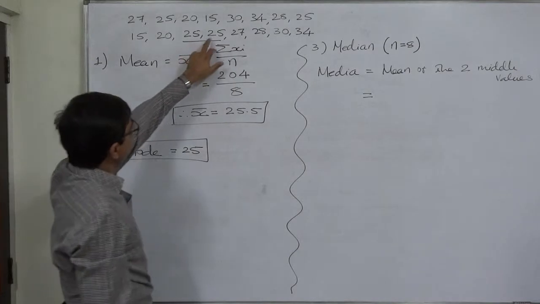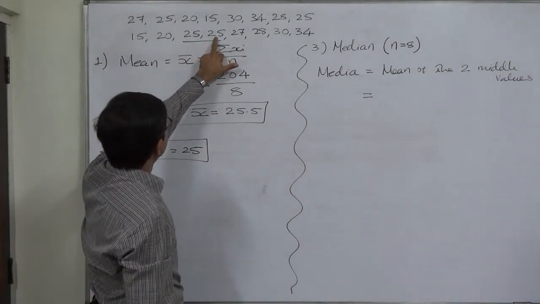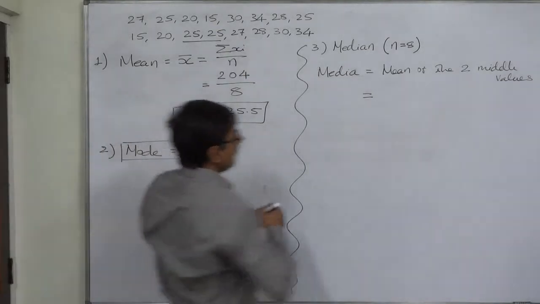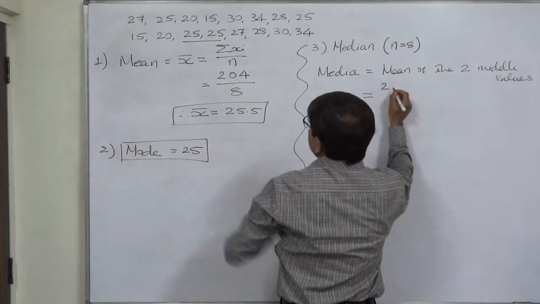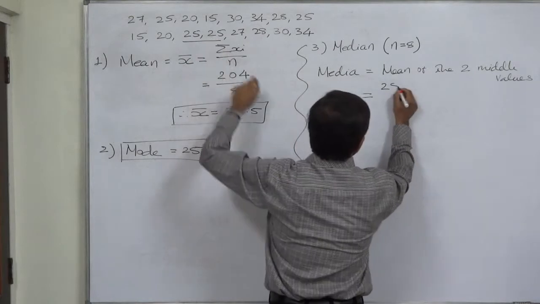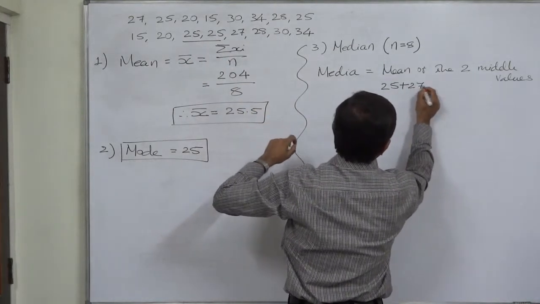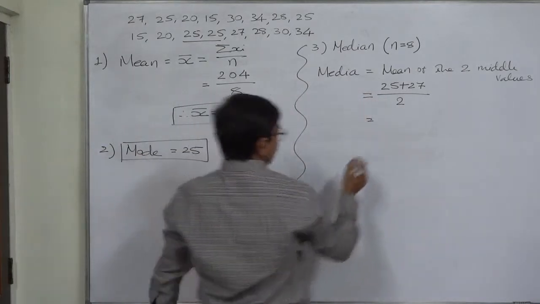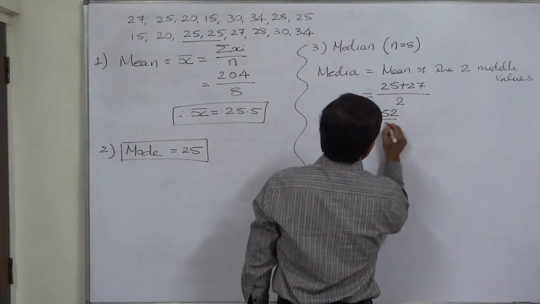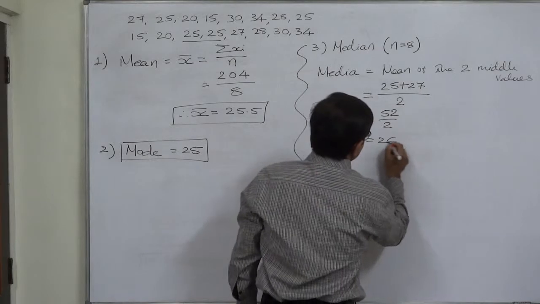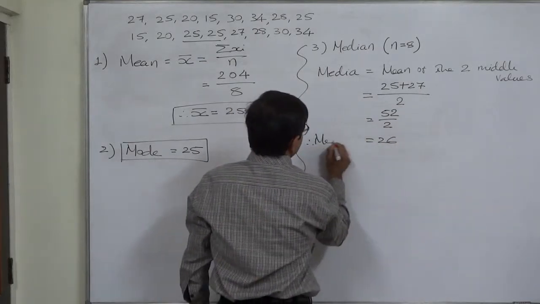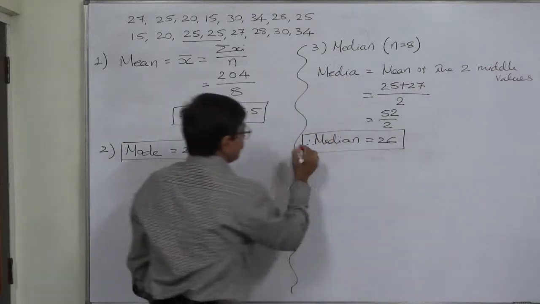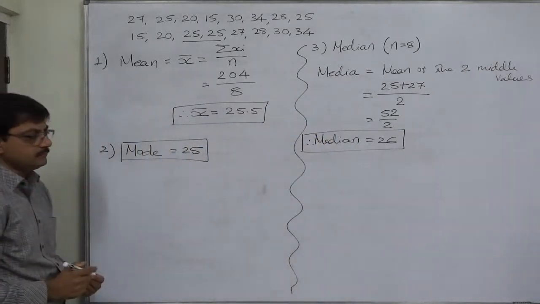Out of 8, 25 is the 4th and 27 is the 5th. These are the two middle values. So let us calculate the mean or average of these two middle values. Total and then divided by 2. It comes to 26. So for this data the value of median comes to 26.